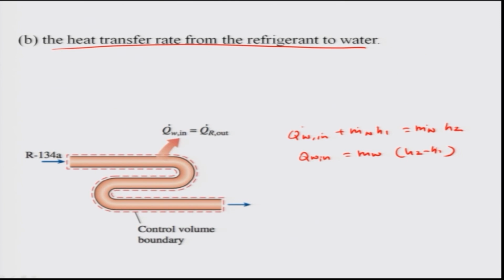What we have done is specifically considered this control volume in order to find the heat transfer from the refrigerant to the water, and this dashed line represents the control volume.